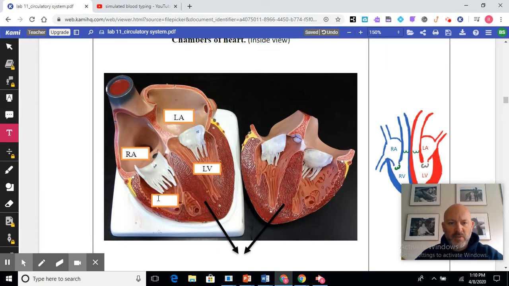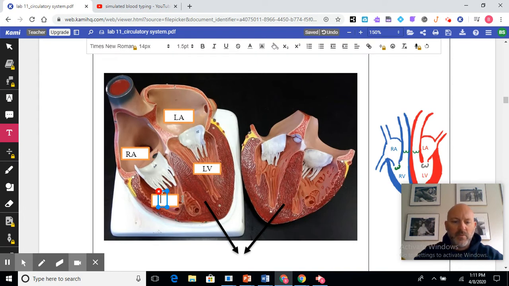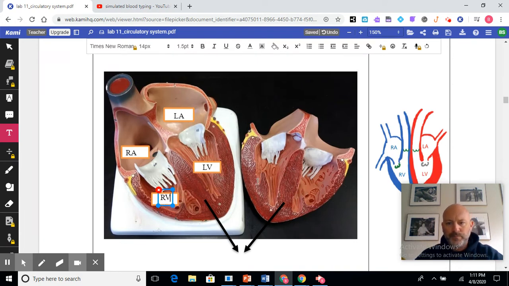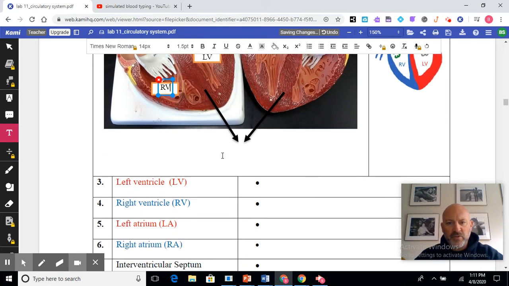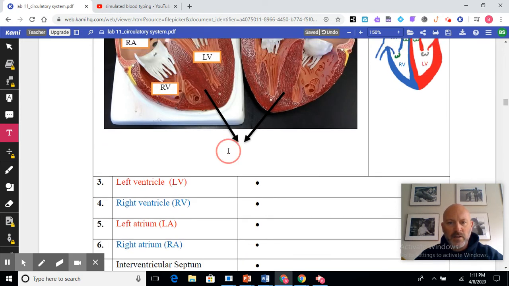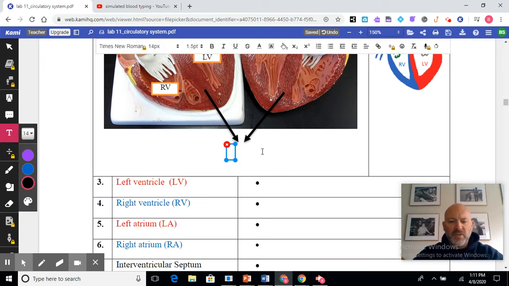There we go. Now we have the right ventricle. And this area in here is the wall that separates the two ventricles. And of course that is the septum.